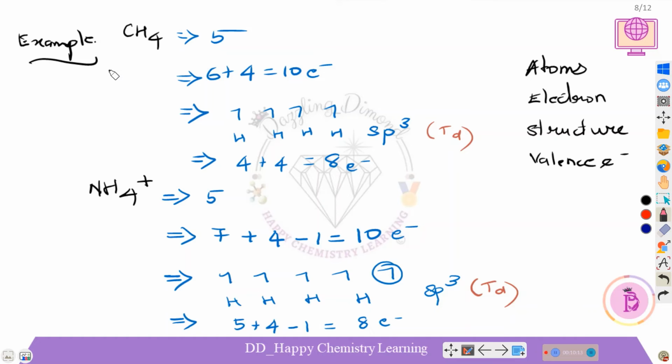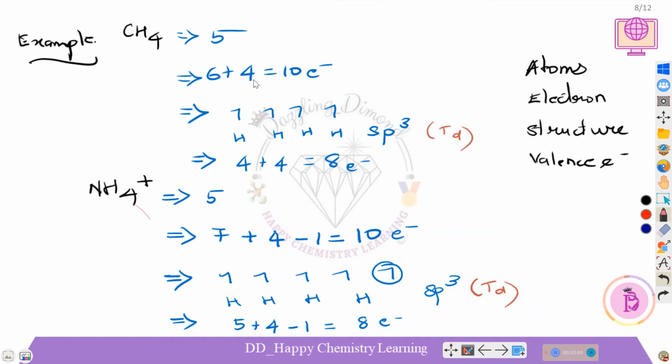Okay, now you can take CH4 and NH4 plus. We will be seeing whether they have the same number of atoms, same number of electrons, structure and valence electrons. While seeing atoms, CH4 has 5, right, and NH4 plus also has 5 atoms. Moving to the electrons present, you have 6 plus 4, 10 electrons, right?